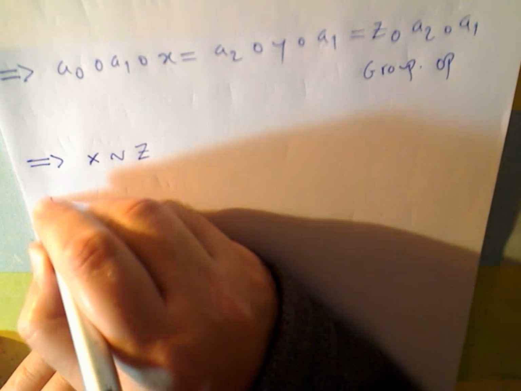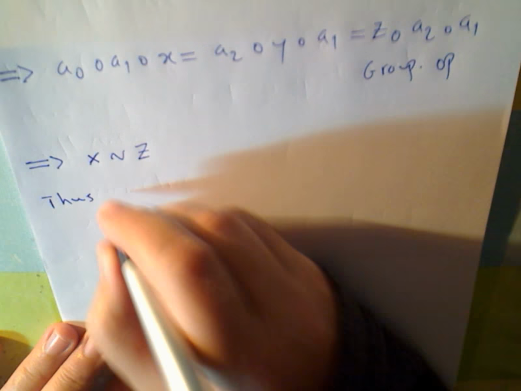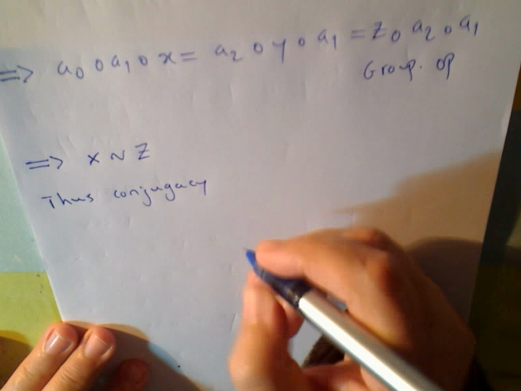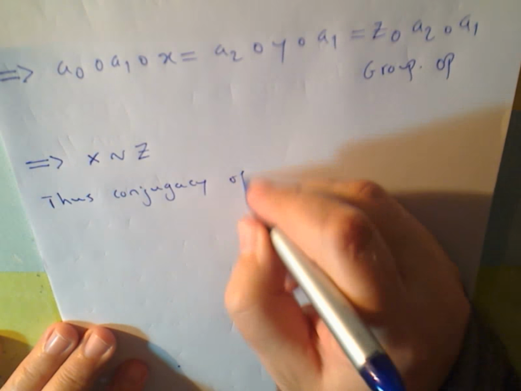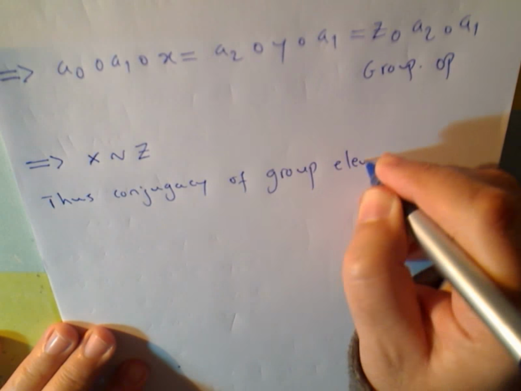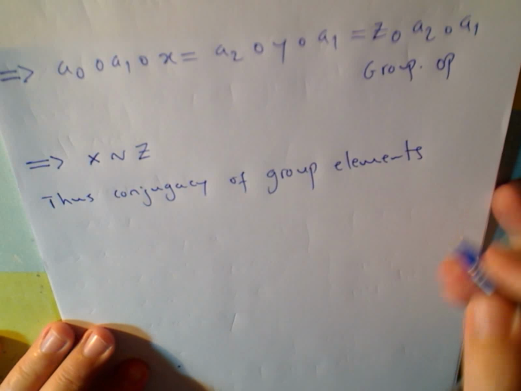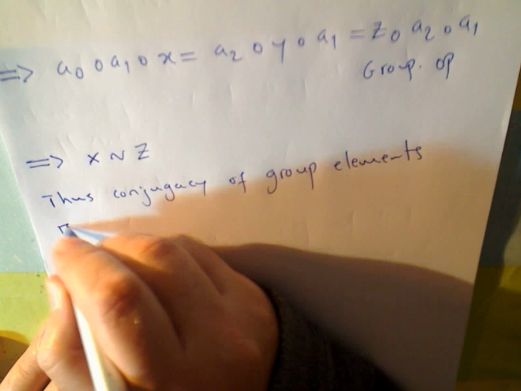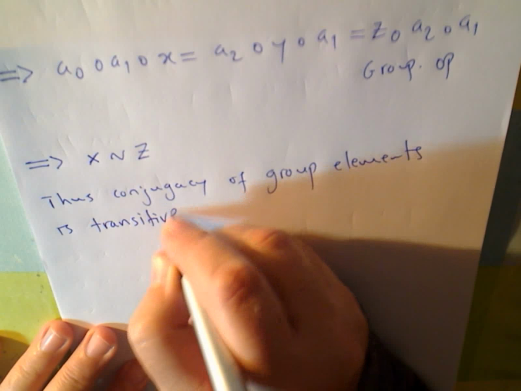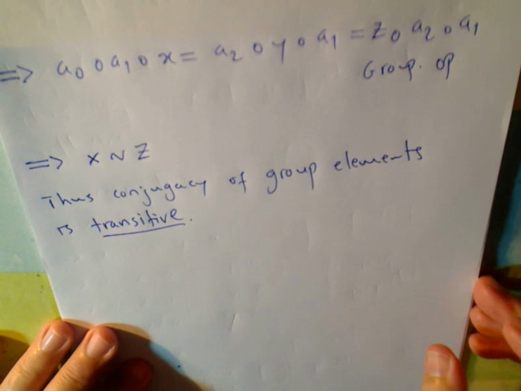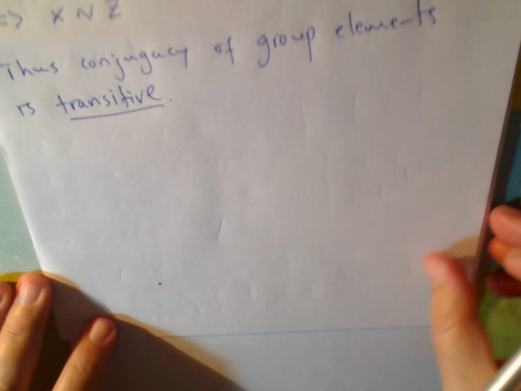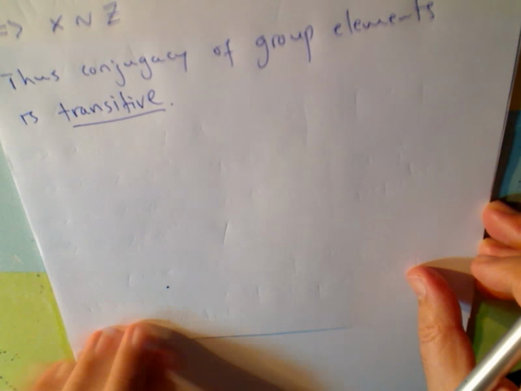Okay, so conclusion, thus conjugacy of group elements is transitive. Okay, so I think we can take the final.